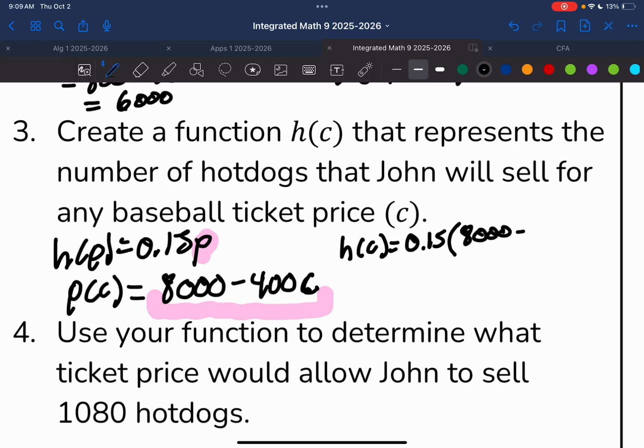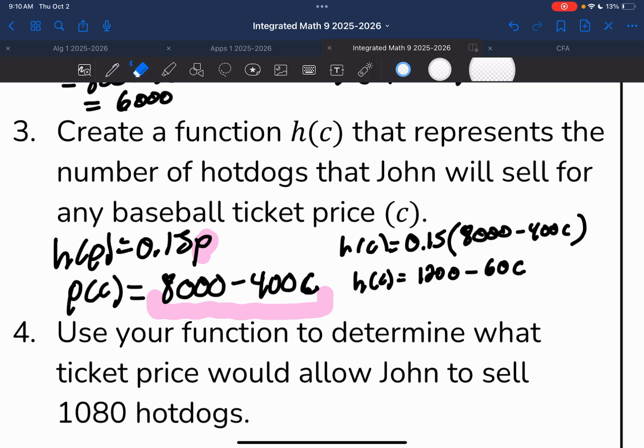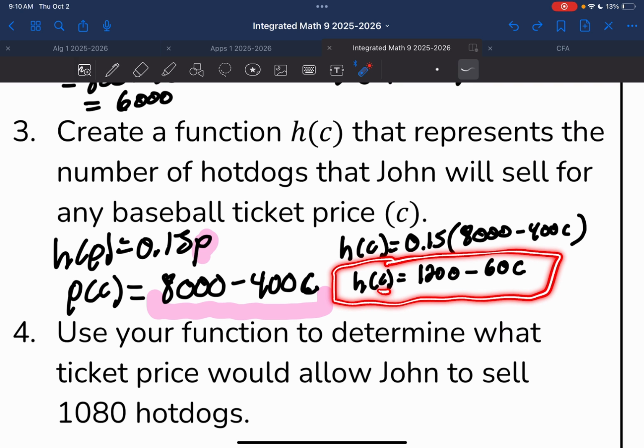So 8,000 minus 400c, that means h of c is equal to 1,200 minus 60c. And this tells us for any cost c to go to the game, how many hot dogs will be sold.